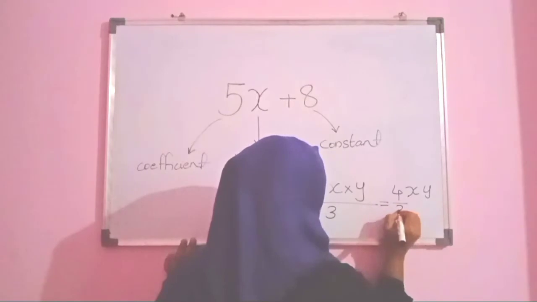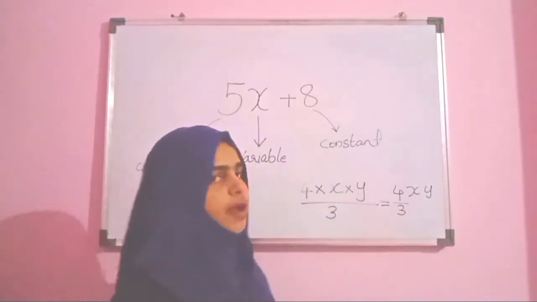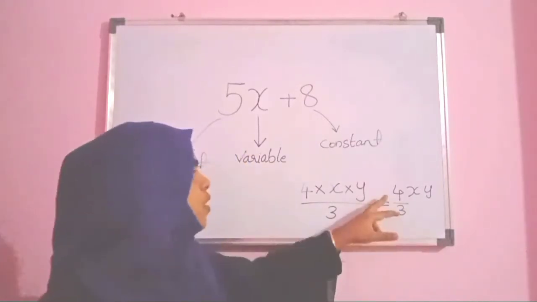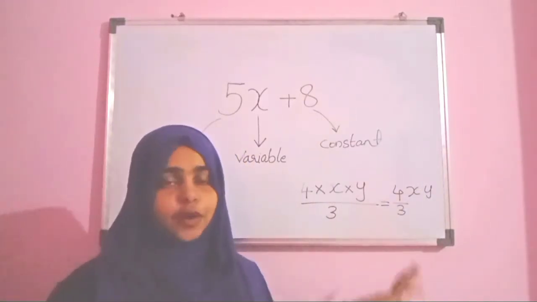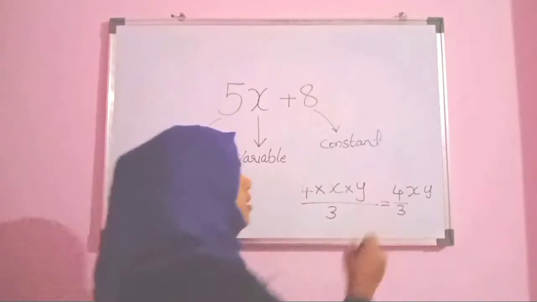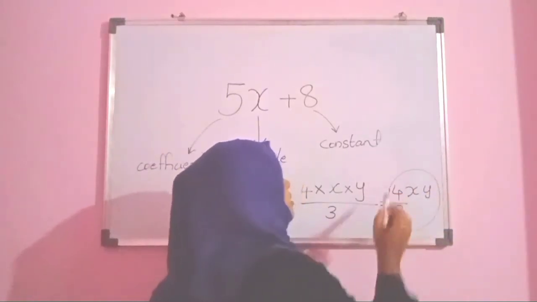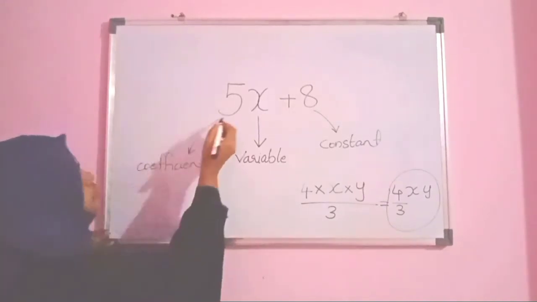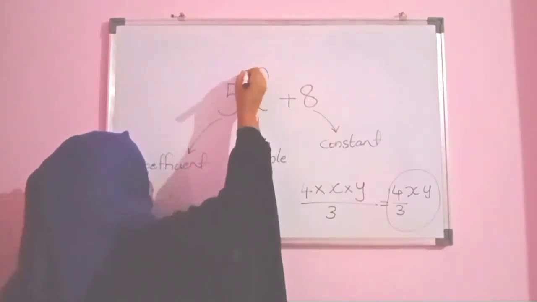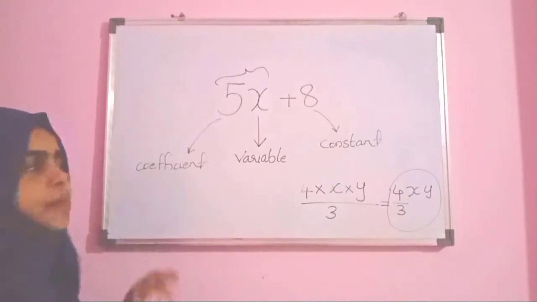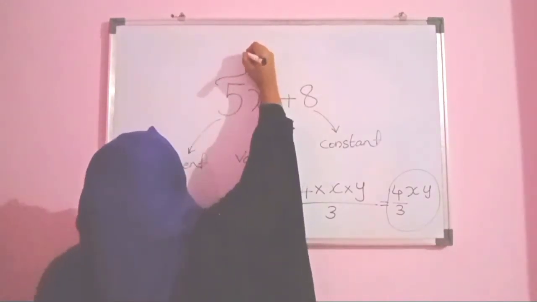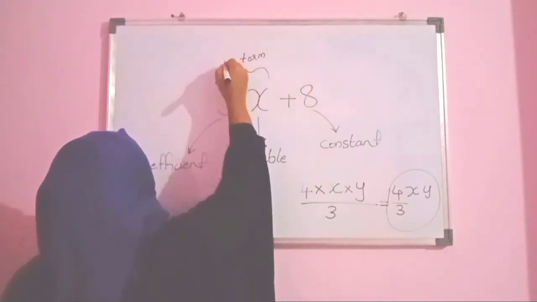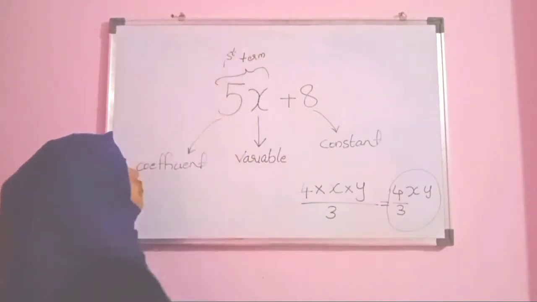So 4 by 3 xy is a single term. So 5 into x, here these two are connected using multiplication, then it will be what? Our term. And since it's our first term, we will name it first.